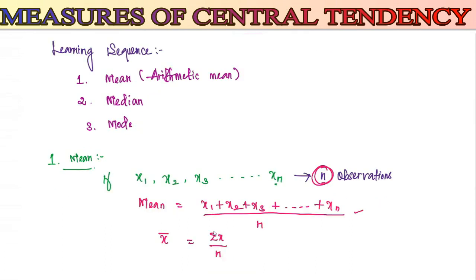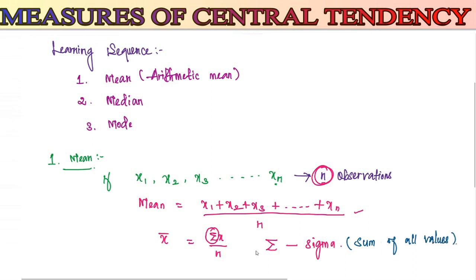This sign we call sigma. The meaning of this sign is that we have to add all the values, the sum of all values. This symbol represents the sum of numbers and is read as sigma.